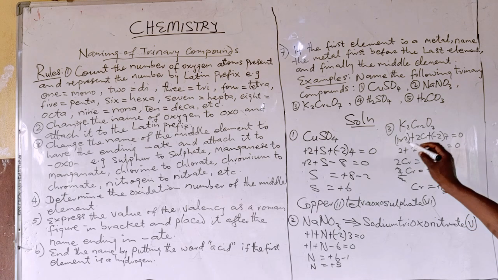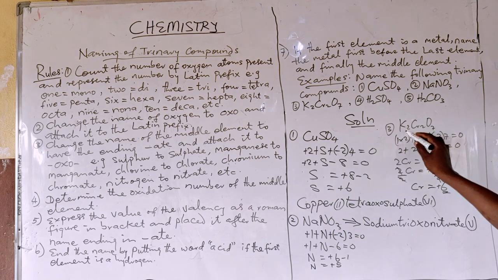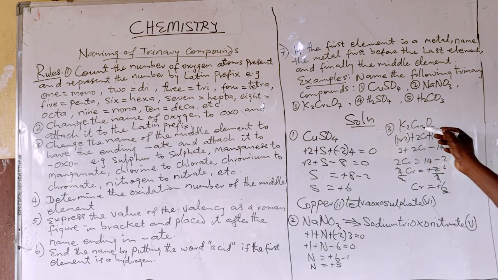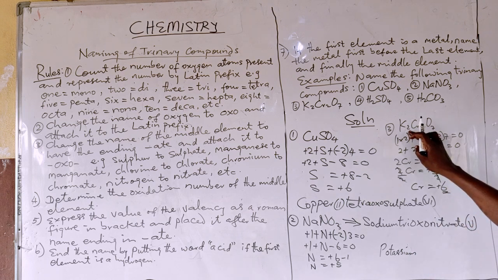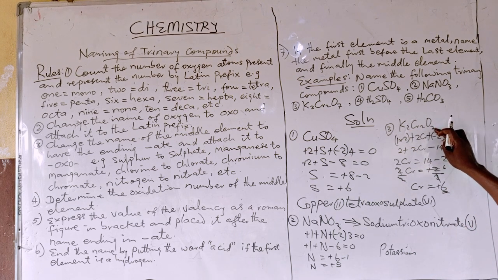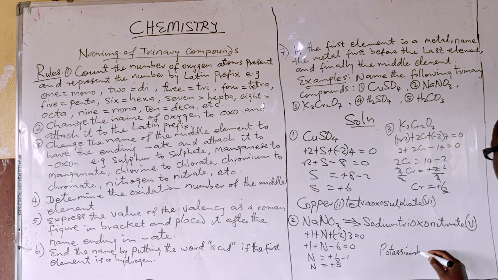Getting that, you now can give the name to be potassium. You jump the middle to the last. Potassium, permit me to write it here. Potassium. 7 means what there? Hepta, sorry.